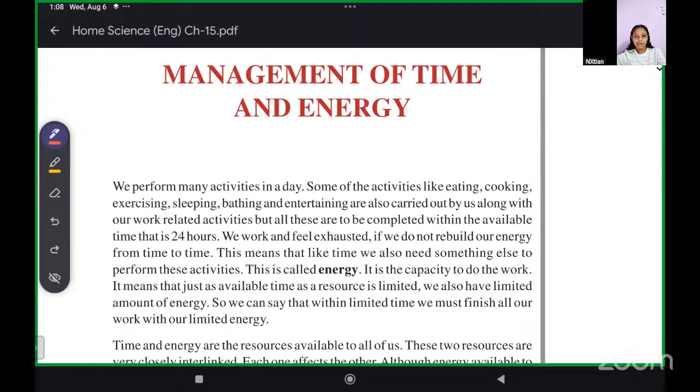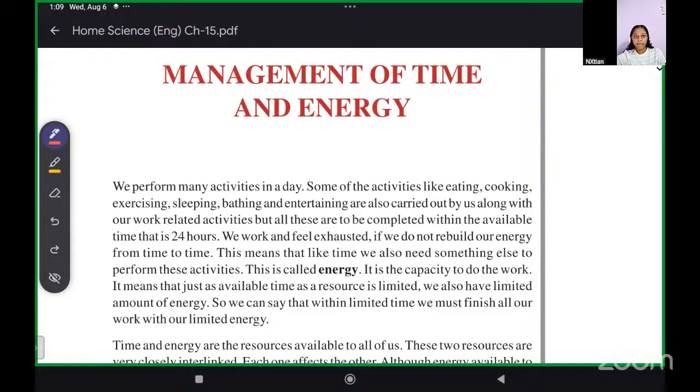You'll eat your lunch maybe in half an hour or 1 hour. It depends on the eating speed, but we give a certain time to all the activities that we do. In the same way, we have only a limited amount of energy.